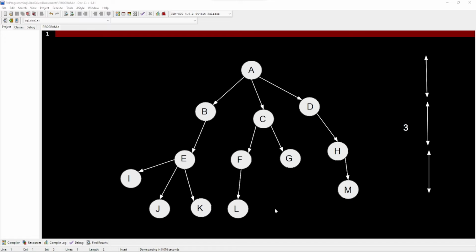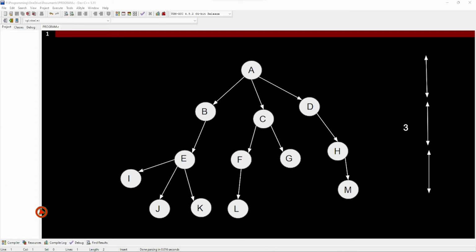The nodes present at the final level are all leaf nodes. The total number of levels in this tree is 4. If you exclude the nodes present in the final level, then you have 3 levels: the first, second and third level.